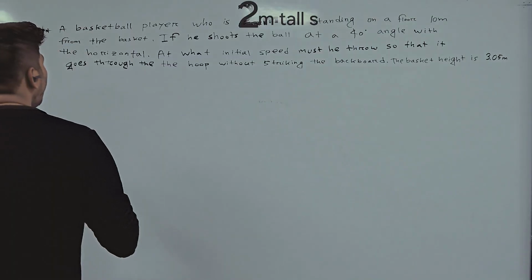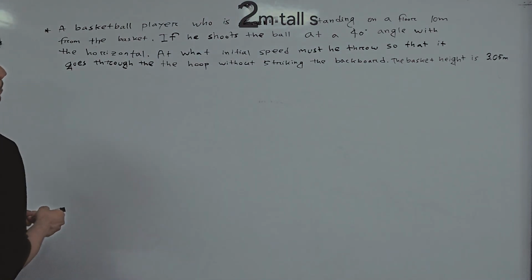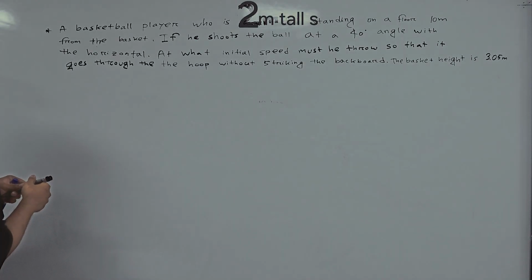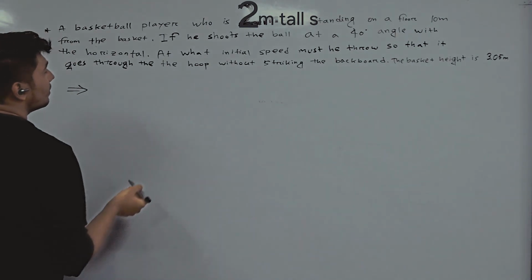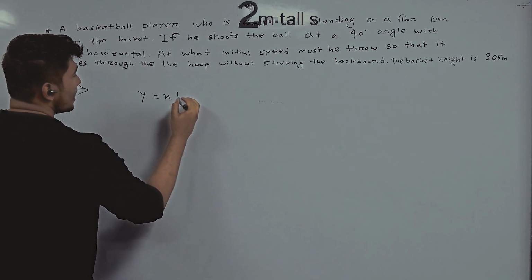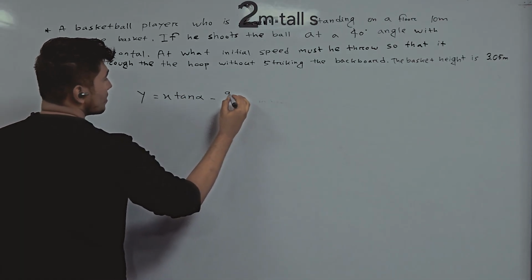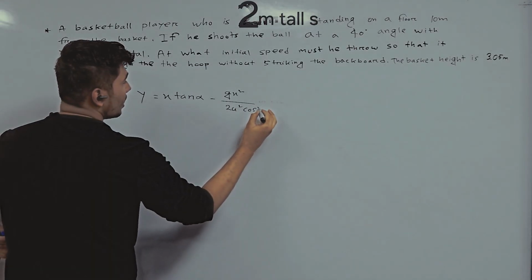So let's solve another numerical of physics using the same concept. I know all of you can solve this numerical very easily, but I am going to use the same concept here as well. First of all, you know that the trajectory equation of a projectile is y is equal to x tan alpha minus gx square divided by 2u square cos square alpha.